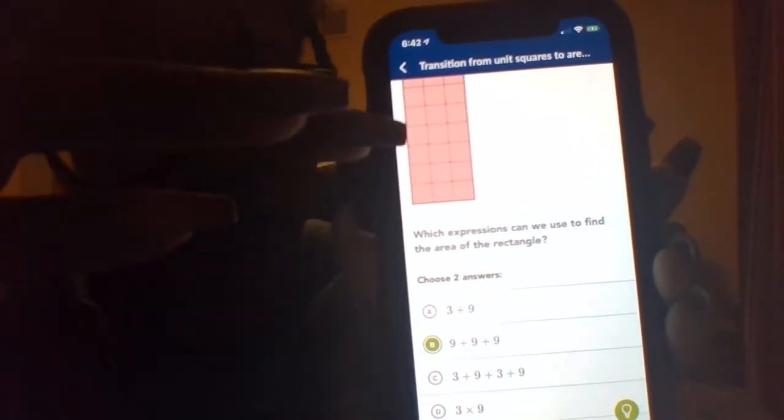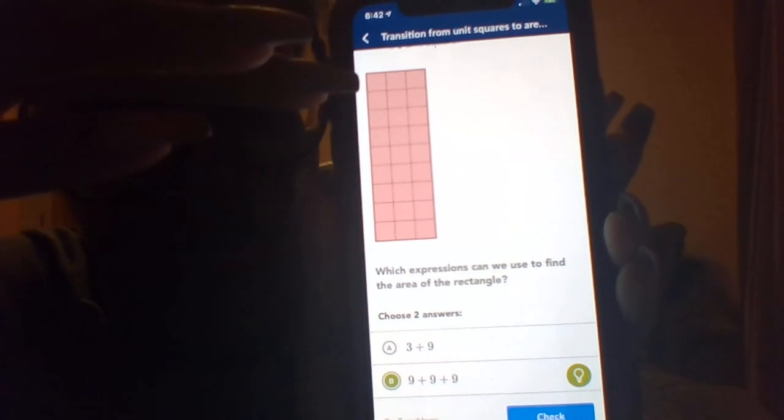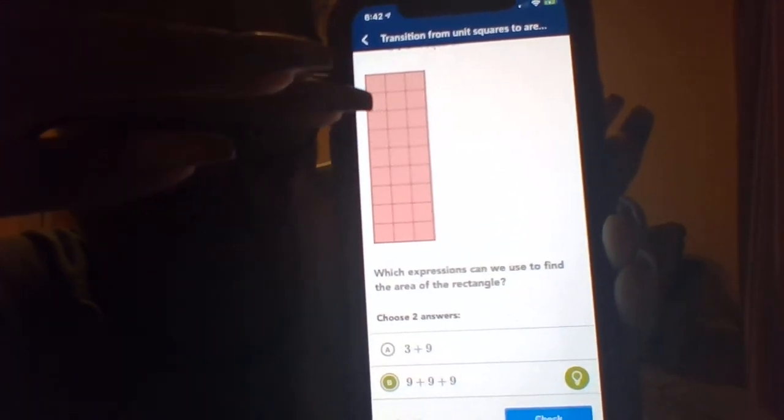You also have 3 times 9. So that would mean that we are looking at each row, which is 3, and let's see if we have 9 rows of 3. So 1 group of 3, 2 threes, 3 threes, 4 threes, 5 threes, 6 threes, 7 threes, 8 threes, 9 threes.